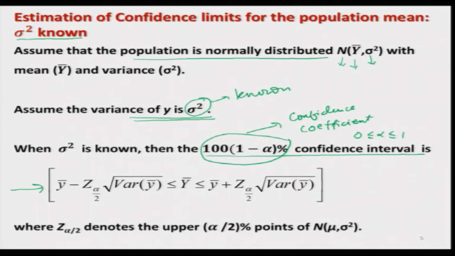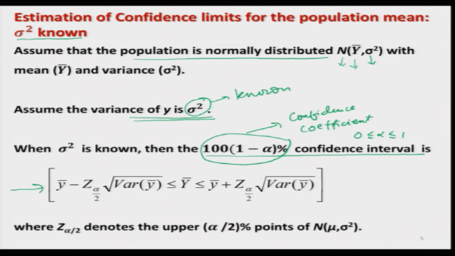Alpha is also related to the test of hypothesis, where we fix the type 1 error as alpha. You might have heard of 95% confidence interval or 5% level of significance. So, alpha is the same value.